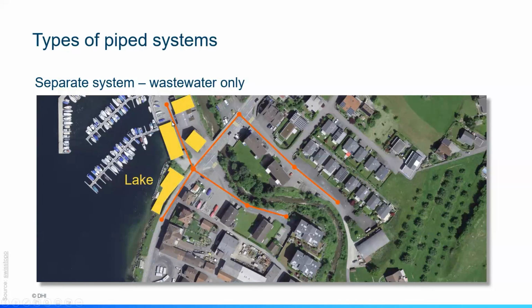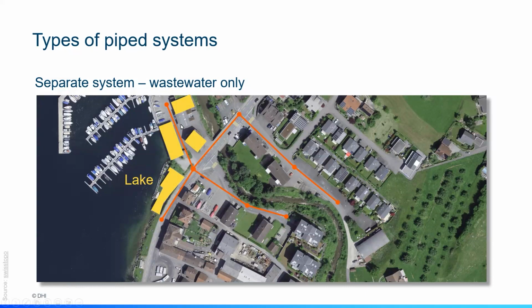And I've marked the roofs, but in principle what I say applies also to the streets or to the parking lots. So they don't connect to a stormwater pipe. They deliver the stormwater directly into the lake.